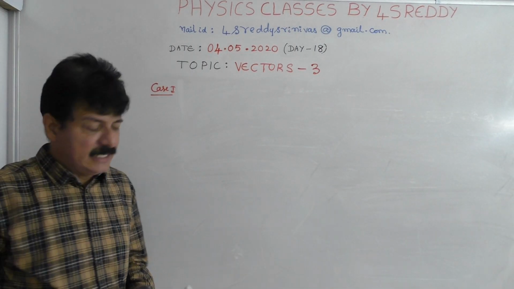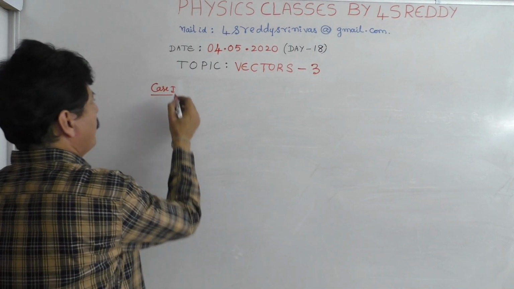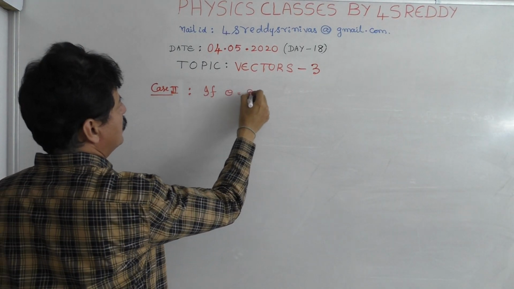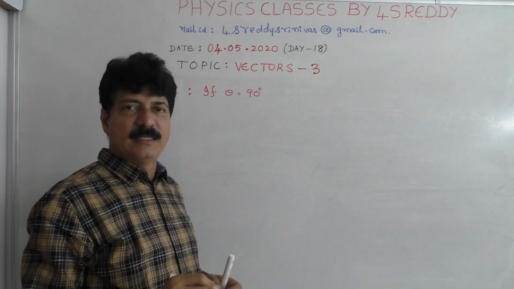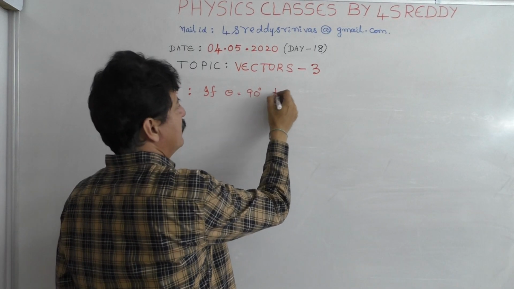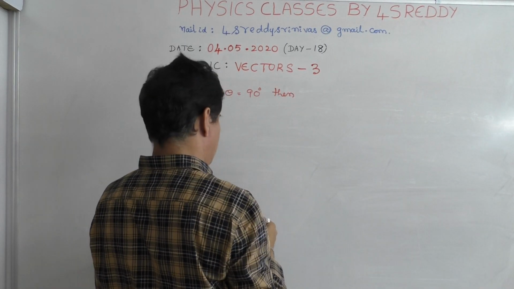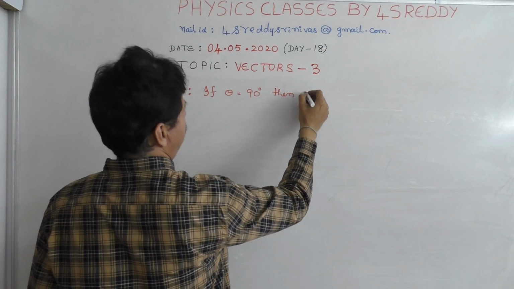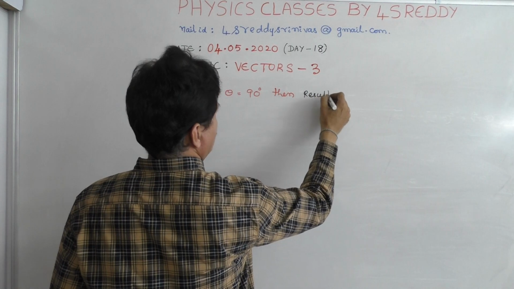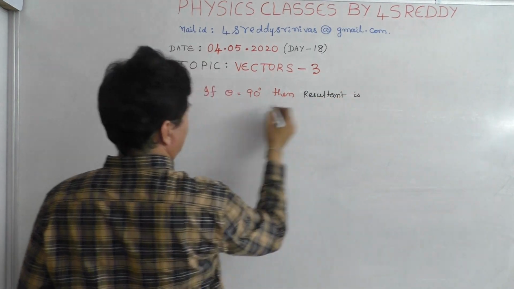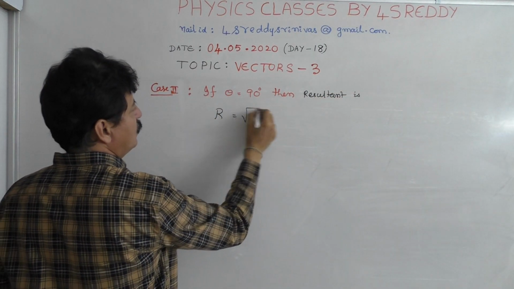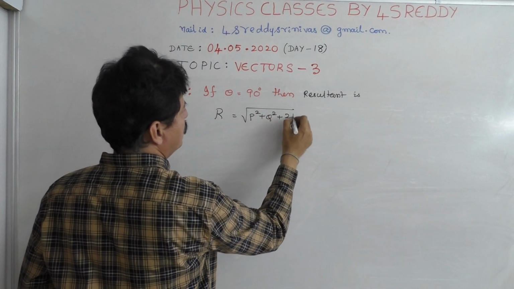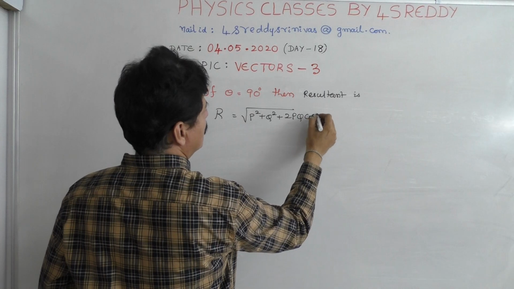That second case is, what you can write is, if theta is equal to 90 degrees, then the resultant R is equal to root of P square plus Q square plus 2PQ cos 90.